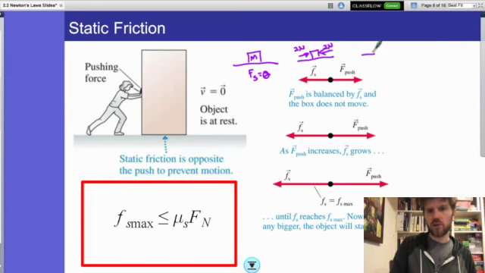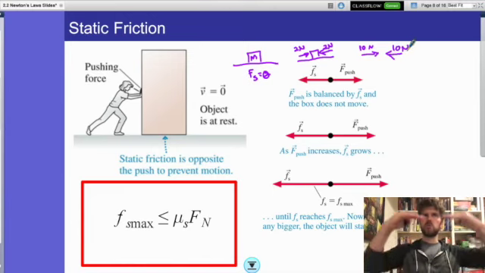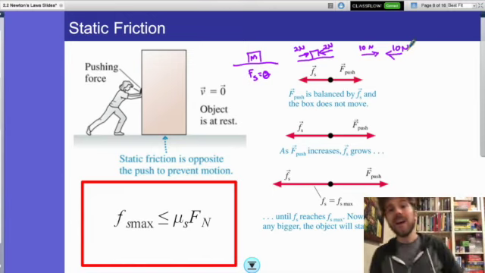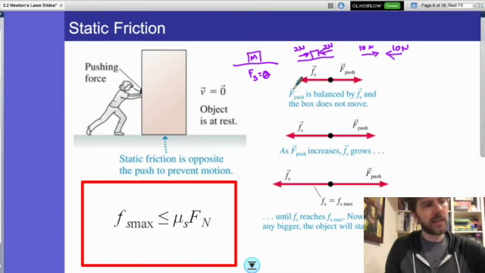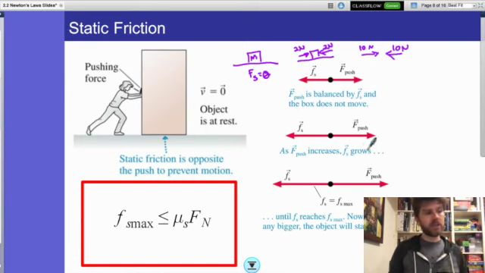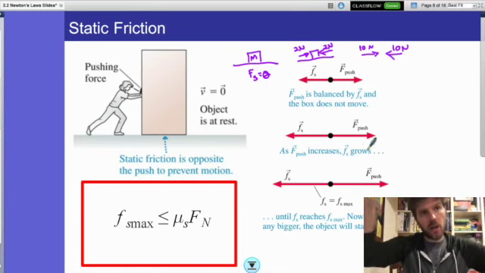And if I crank myself up to 10 newtons, it'll try to push back with a force of 10 newtons. And it'll ramp up, it'll meet me newton for newton until I reach a maximum value. Static friction maxes out at some point. And once it maxes out, the object starts to move.